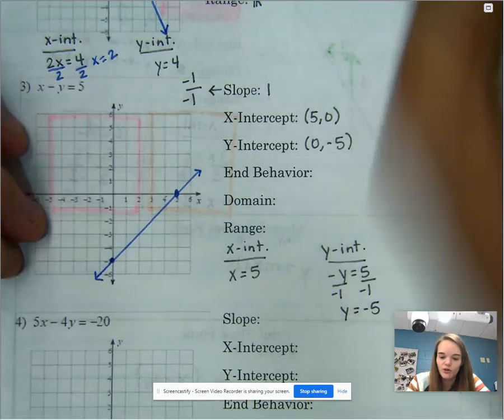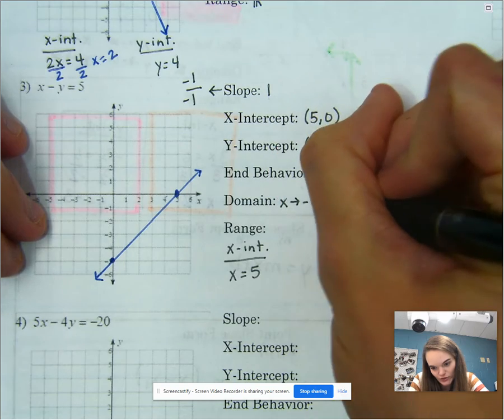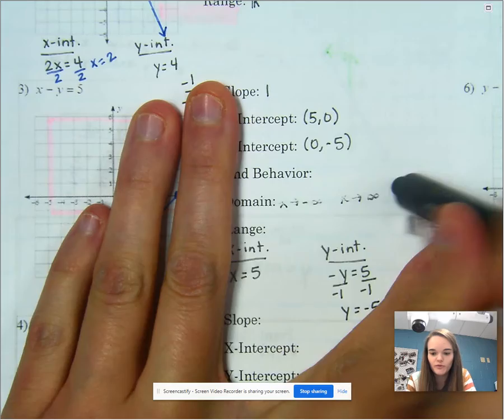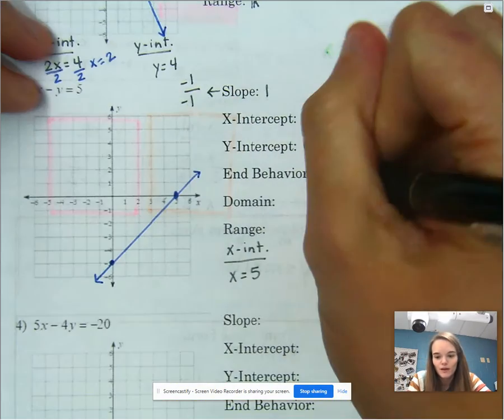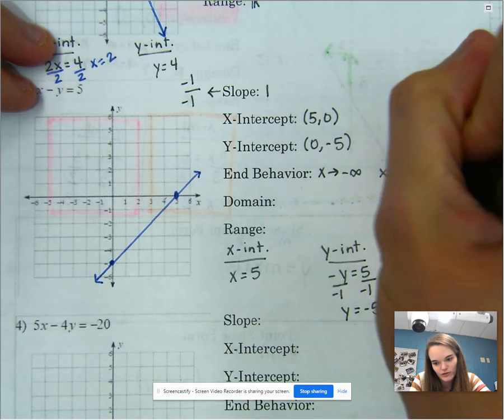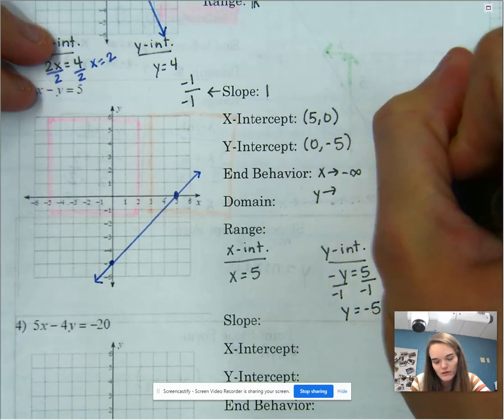Okay. In behavior, when x goes towards the negatives and when x goes towards the positives. I wrote that in domain. Whoops. When x goes towards the negatives, when x goes towards the positives, what does y do? Okay.